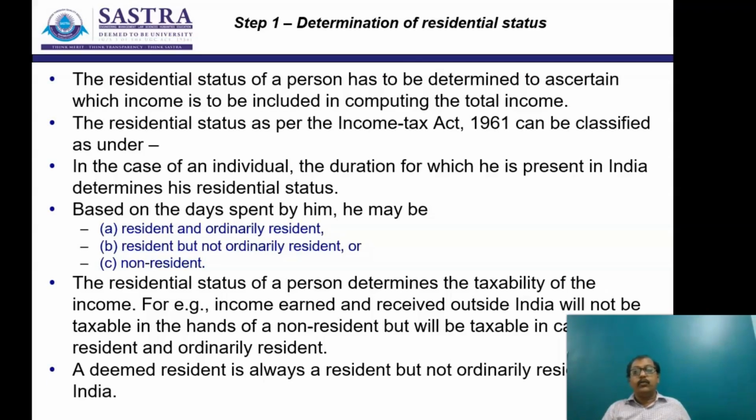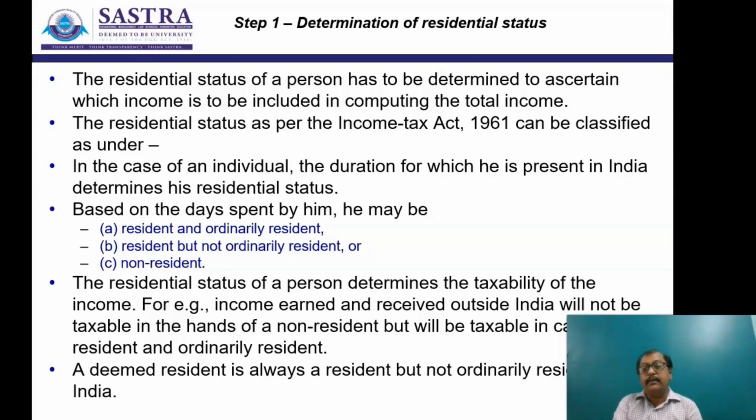First one, determination of the residential status. We will deal with how to determine the residential status of an individual with some numerical examples in the next session. But for now, the residential status of the person has to be determined as the first step of ascertaining the income of an individual.